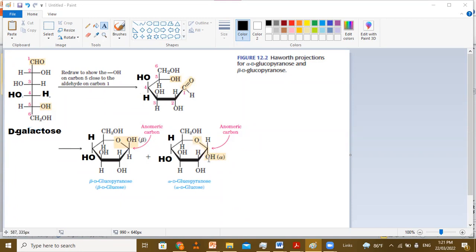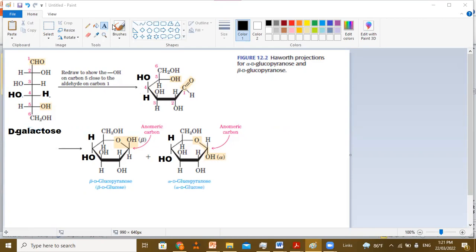Then you have down, up here, and this OH forms a ring here. You will notice that on carbons 1, 2, 3, 4, the OH is up, unlike your glucose where the OH is down here.